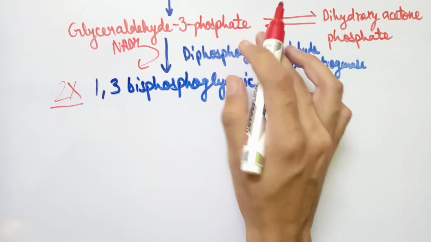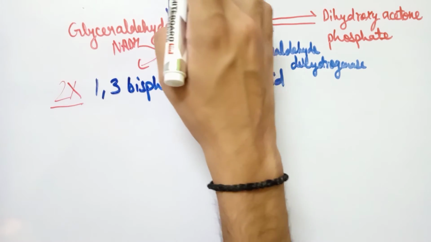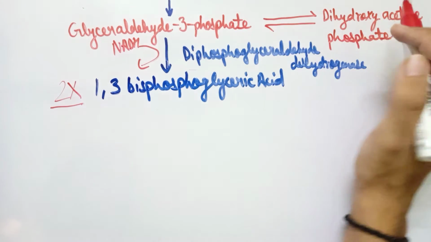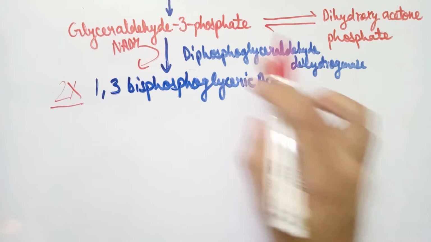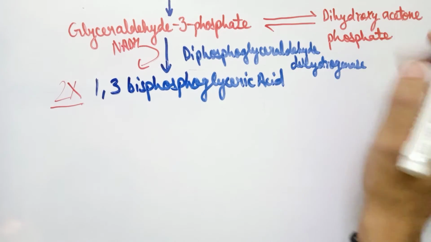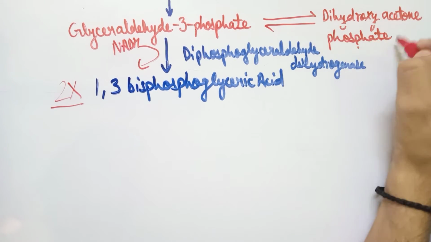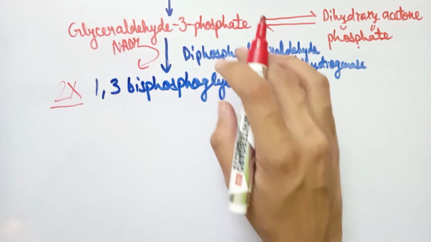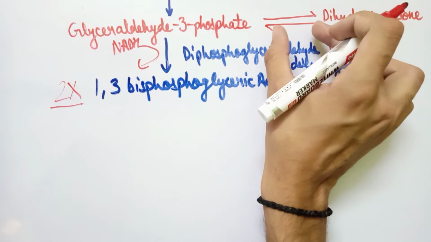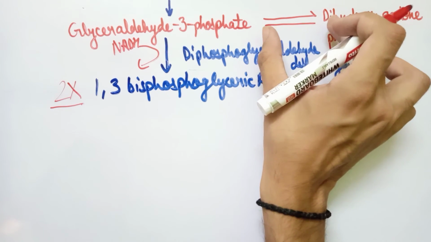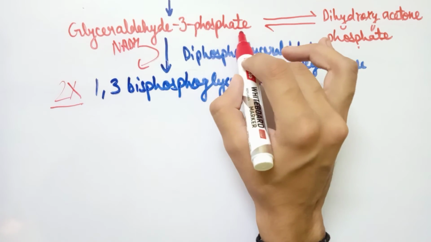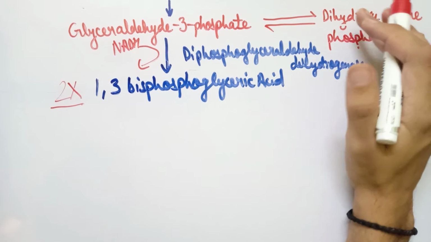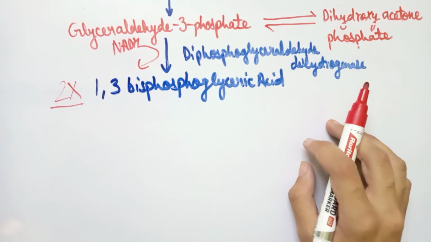And as we know, when the fructose 1,6 bisphosphate got split into glyceraldehyde 3 phosphate and dihydroxyacetone phosphate, these are two different molecules. Now the dihydroxyacetone phosphate will again get converted into glyceraldehyde 3 phosphate, and there is an equilibrium between these two molecules: glyceraldehyde 3 phosphate gets converted into dihydroxyacetone phosphate, and dihydroxyacetone phosphate also gets converted into glyceraldehyde 3 phosphate.